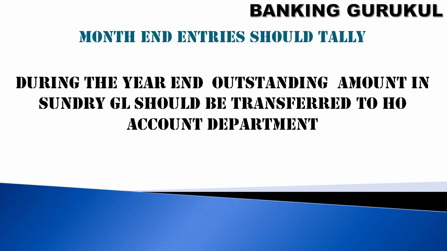We can't keep it in our branch, because at year end all the expenses and income will be adjusted and we will get the profit or loss for the year. So all the entries will be nullified, and on the 1st of April we'll start with fresh zero balances. Whatever is lying in sundry creditors will be transferred to the head office account.